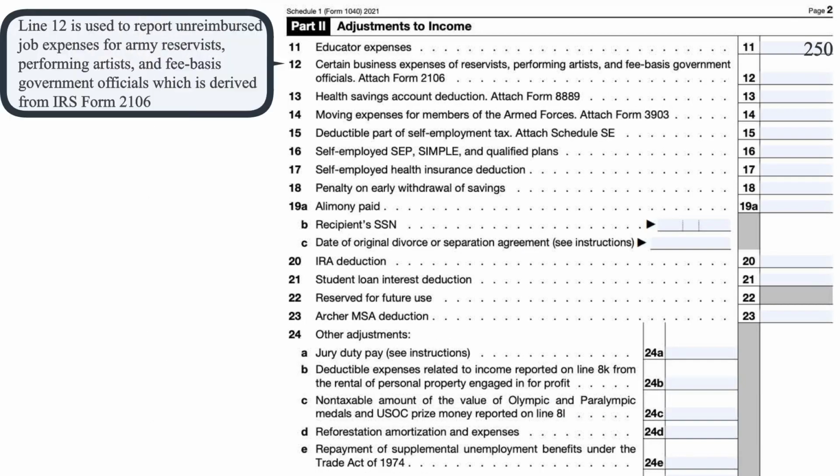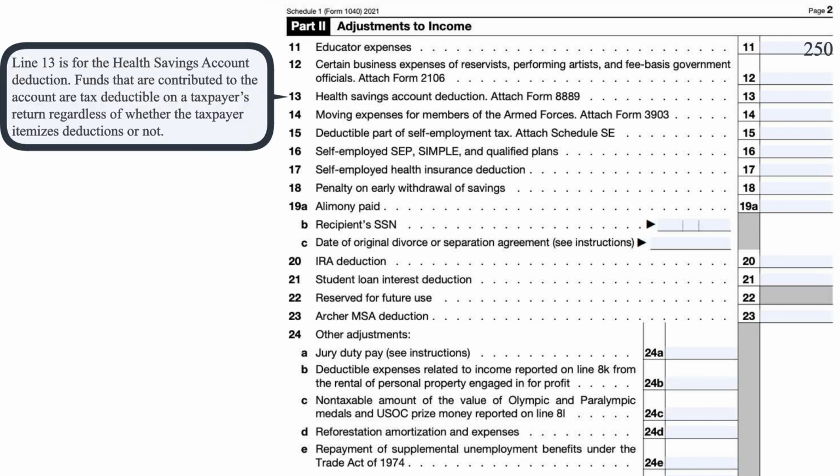Line 12 is used to report unreimbursed job expenses for Army reservists, performing artists, and fee-basis government officials. This amount is derived from IRS Form 2106. Line 13 is for the Health Savings Account deduction. A Health Savings Account, HSA, is a savings account reserved for medical expenses.